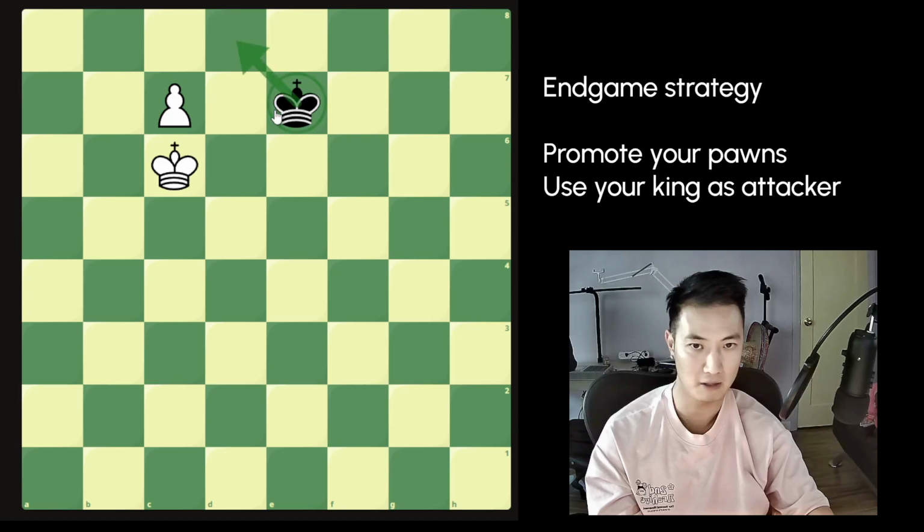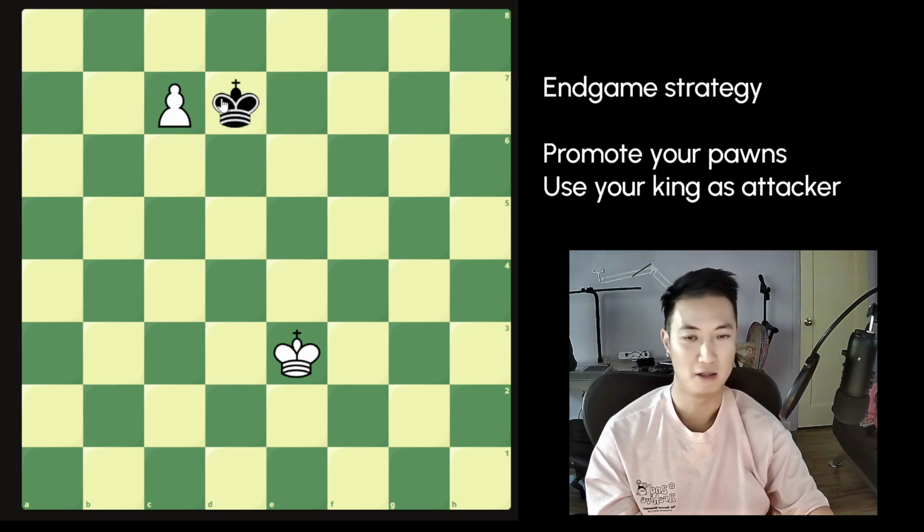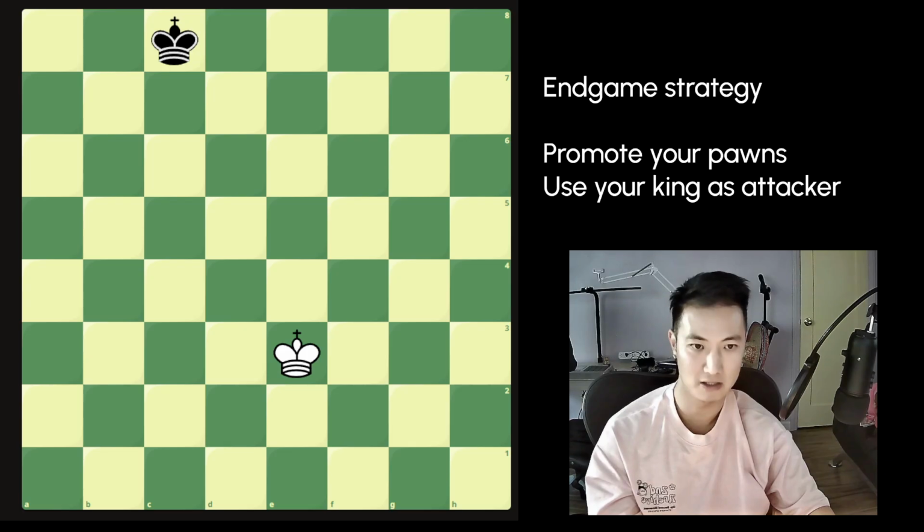Imagine if the king was here, super far away, then the black king just comes in and even if I promote to a queen, they just take it. So that's no good. You would want your king to be as close as possible to your pawn so that it has a greater chance of promoting.